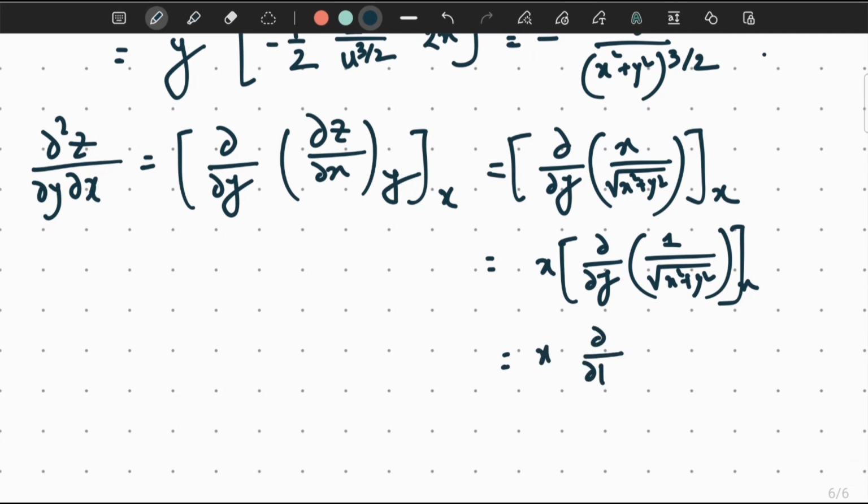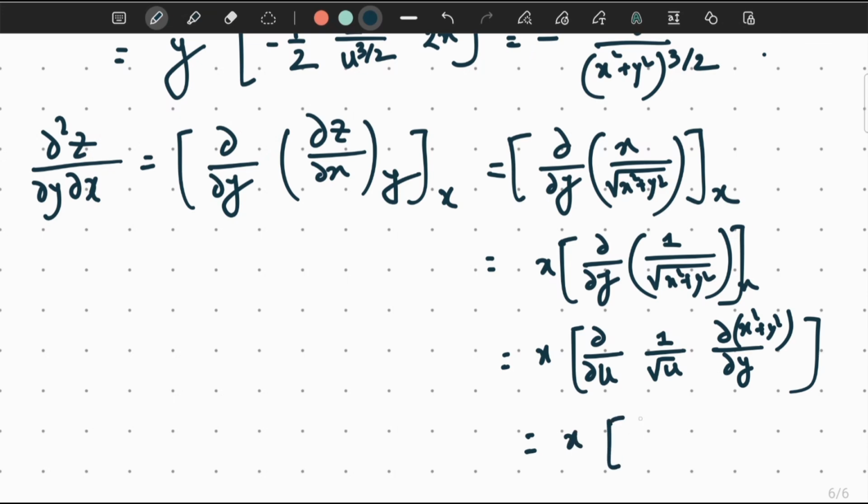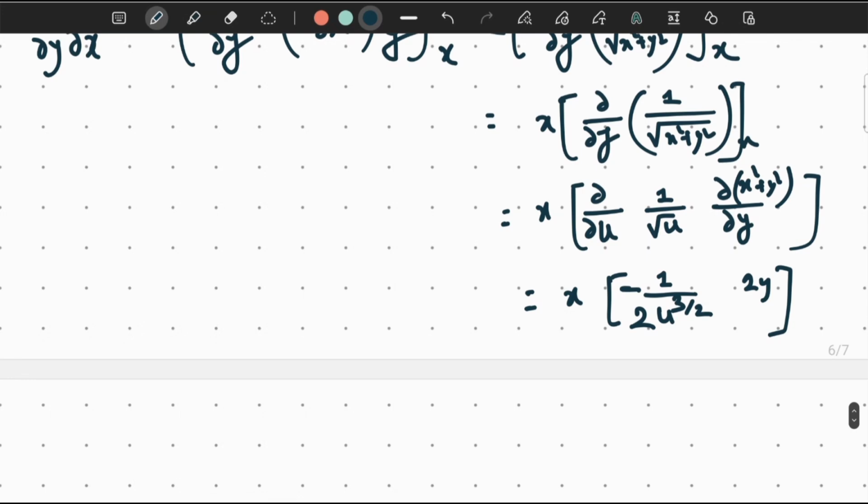So this is del u of 1 by root u and del u del y, and u is actually x square plus y square, so it will be again x into 1 by u to the power 3 by 2, correct? Minus half will be there, and it will be 2y. So from here you can write it as xy over x square plus y square to the power 3 by 2.